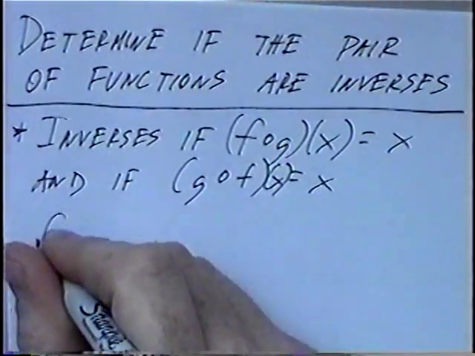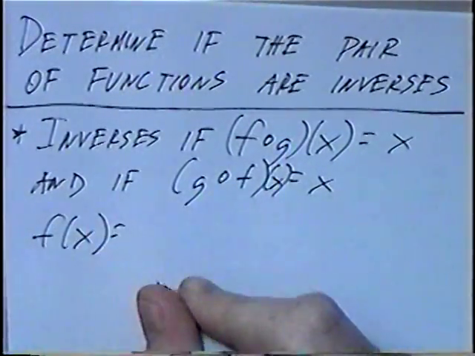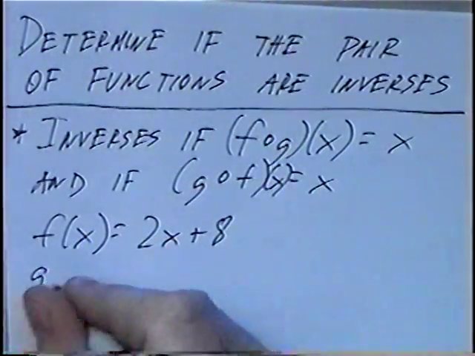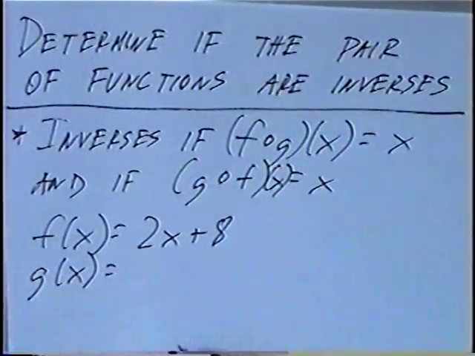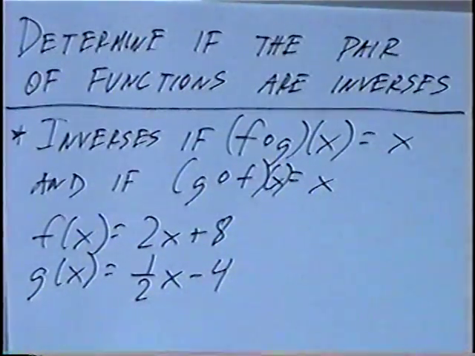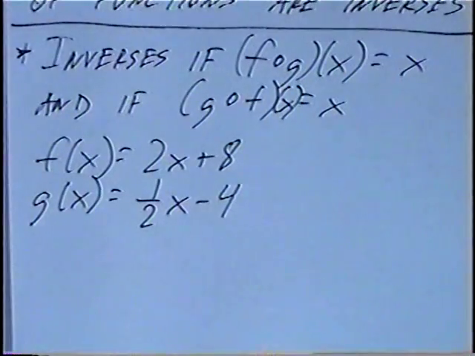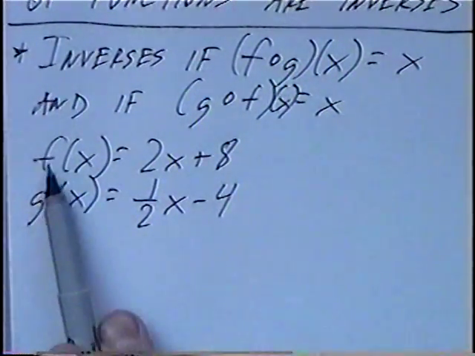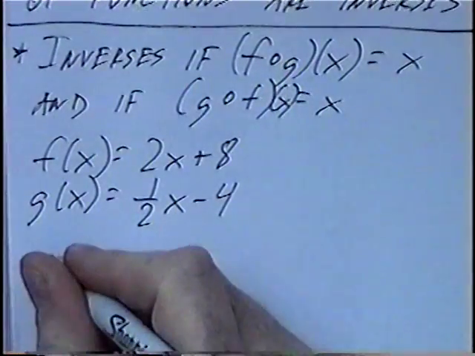First question, f of x equals 2x plus 8, and g of x equals 1/2 x minus 4. To solve this again, we'll take both compositions, f composition g, and also g composition f.